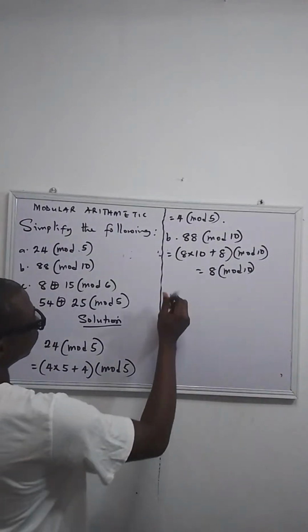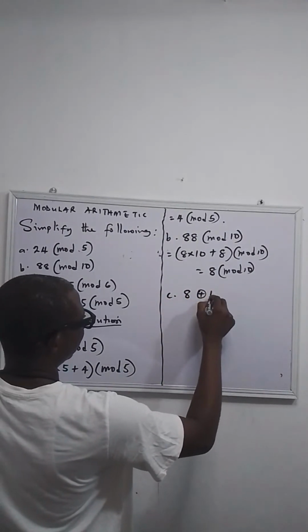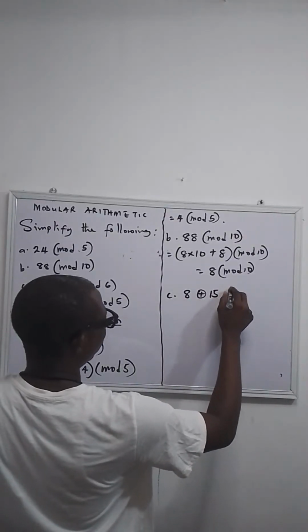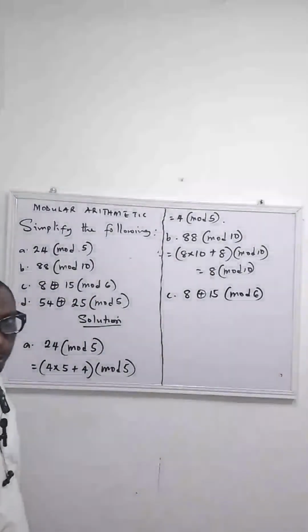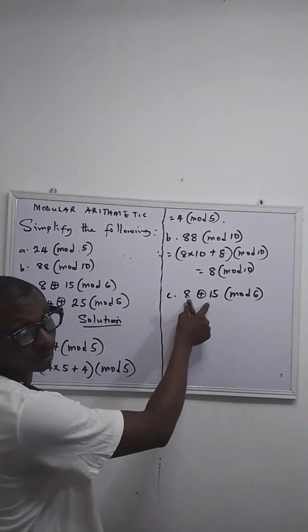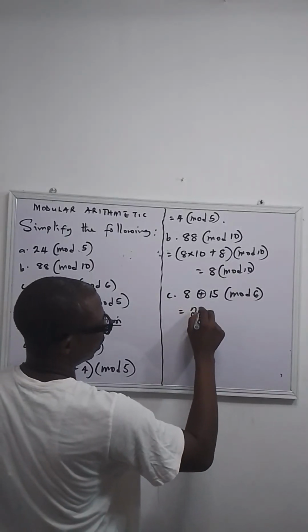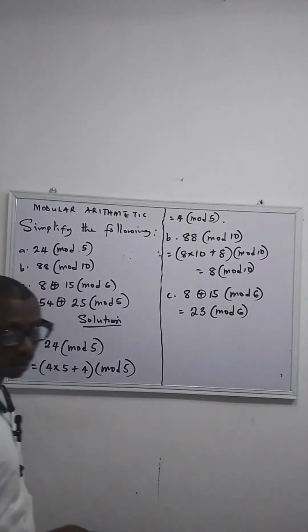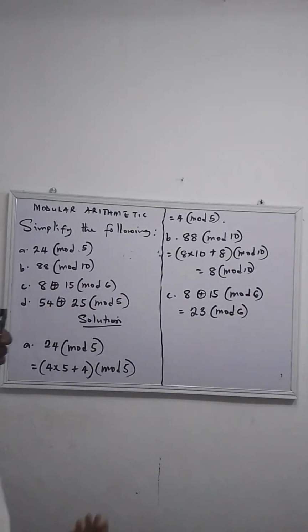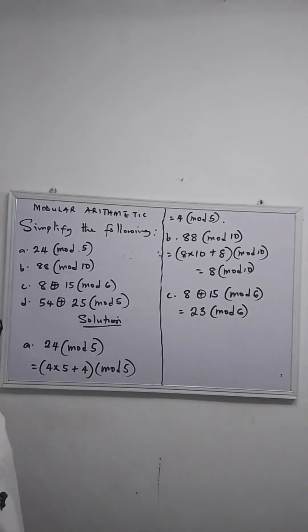C. We have 8 plus 15 mod 6. So now we need to do this arithmetic. Let's add together. When you add together, you have 23 mod 6. Now just ask yourself, how many 6s are you going to see here? That's 3, right?